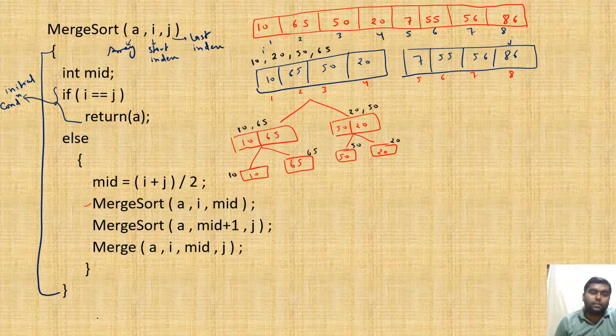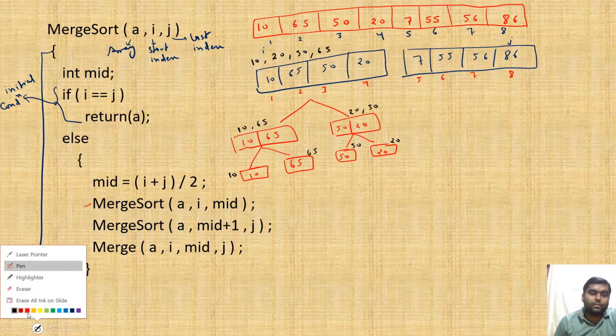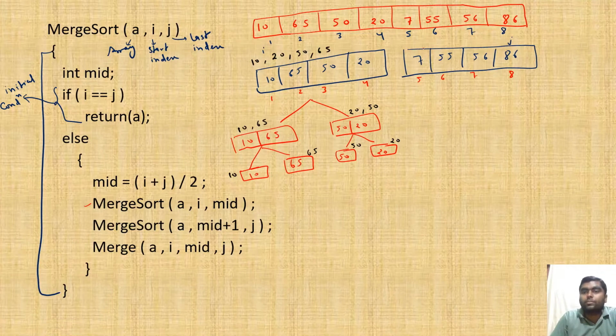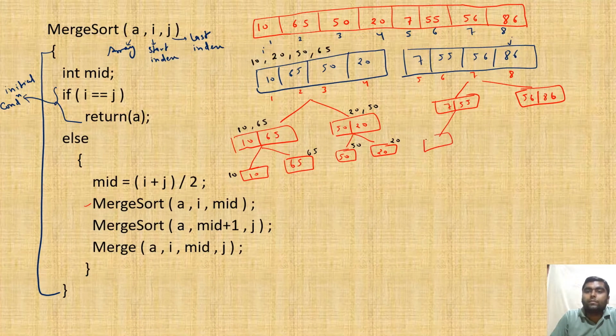Similarly, if we divide this side according to the algorithm, then what will be the resultant array? It will have 7 and 55, and this part will be divided as 56 and 86, and finally again this will be divided like 7, and this will be 55, and here this is 56, and this is 86.